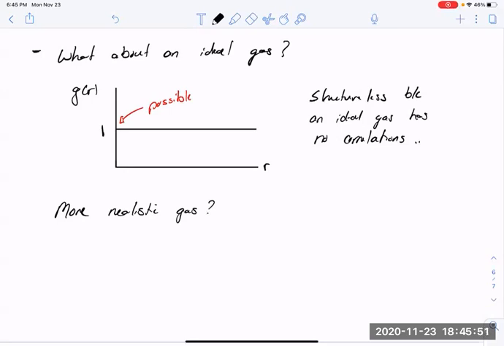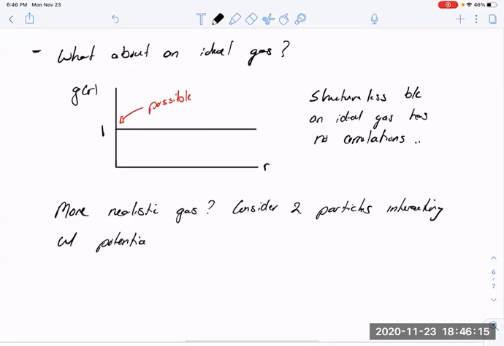Well, to work that out, let's consider 2 particles interacting weakly through some potential. And let's define that potential as U2, depends on R. For something like argon, something simple.